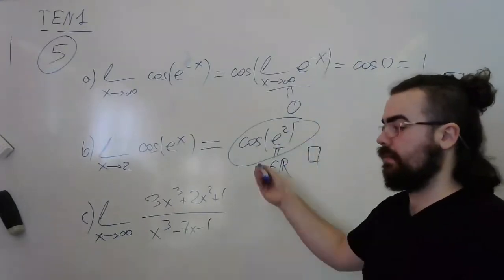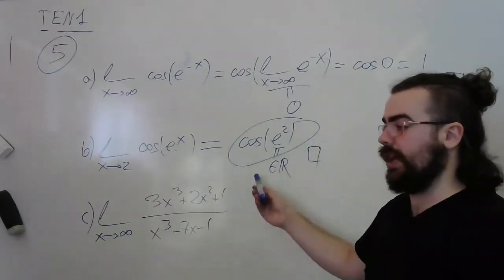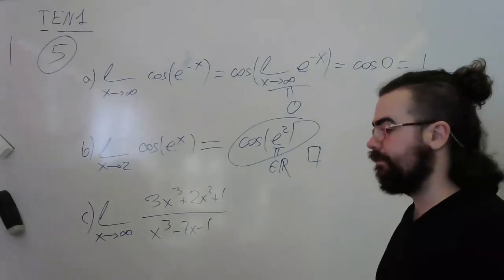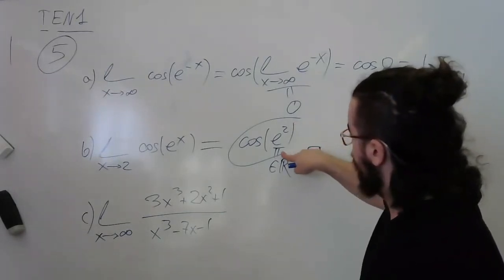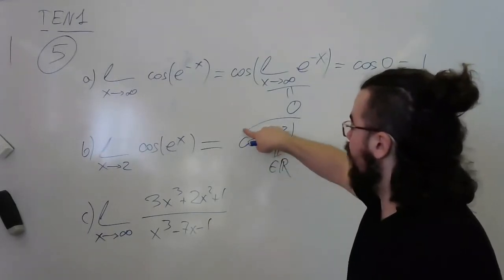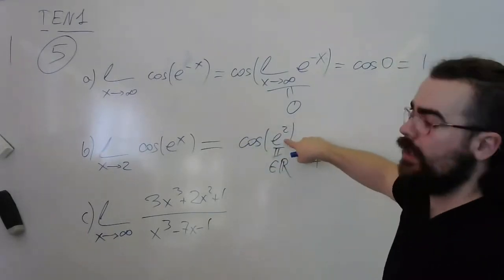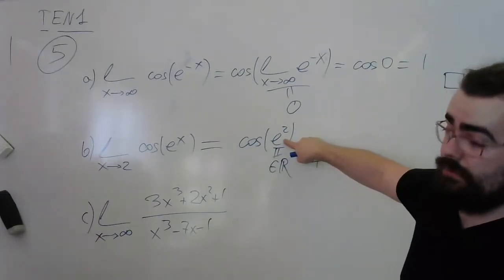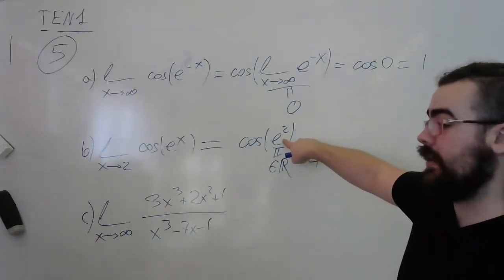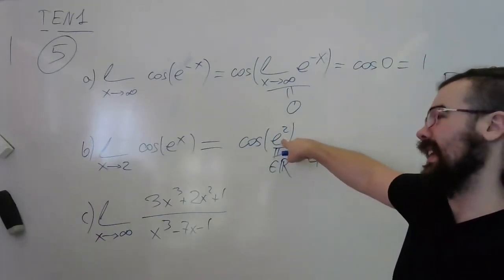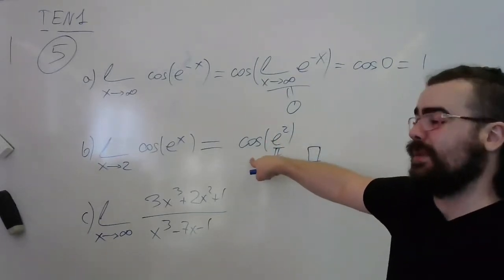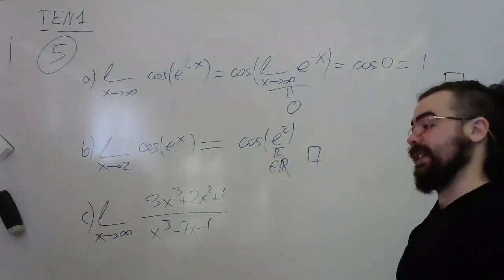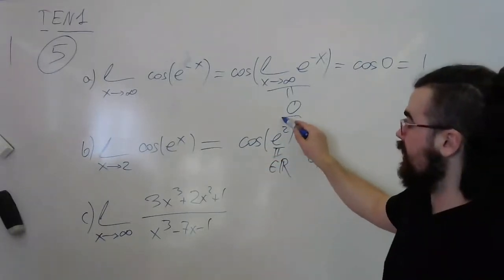It's this number. Cosine of e squared is a perfectly defined number. If you want to look at it from a numerical standpoint, e squared is something between 6 and 9. So you can say that is close to 2 pi, so maybe this number is between 0 and 1, but it doesn't really matter. This is the value of the limit.